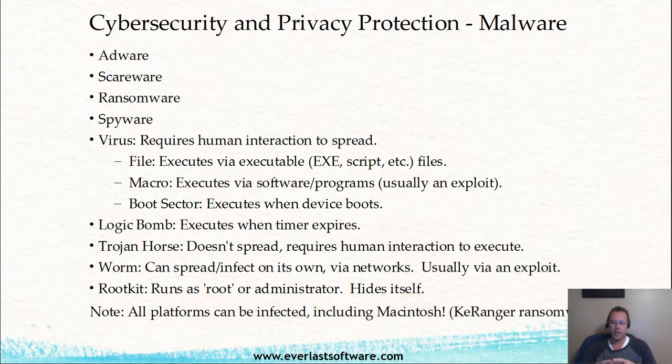Since it has elevated privileges, it can do things that other malware programs may not be able to do. There's all kinds of different ways that it can install itself and run, but the general concept is it's running as root or the system administrator.